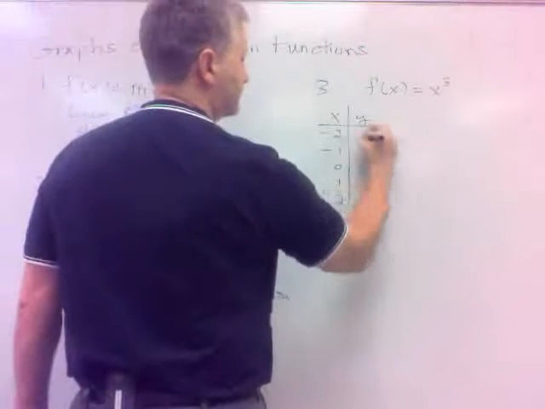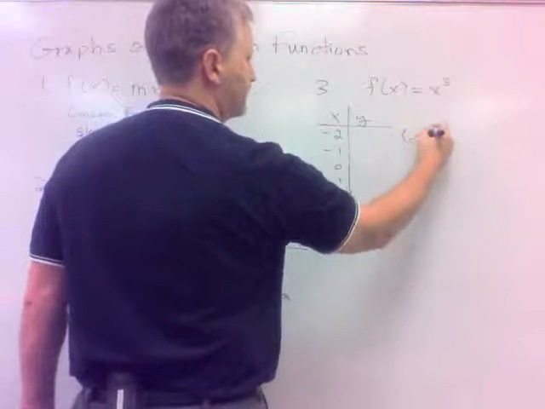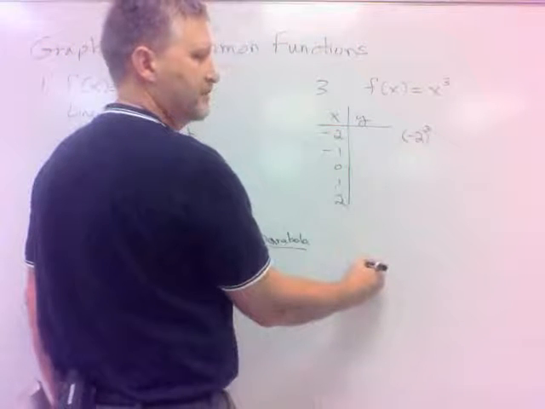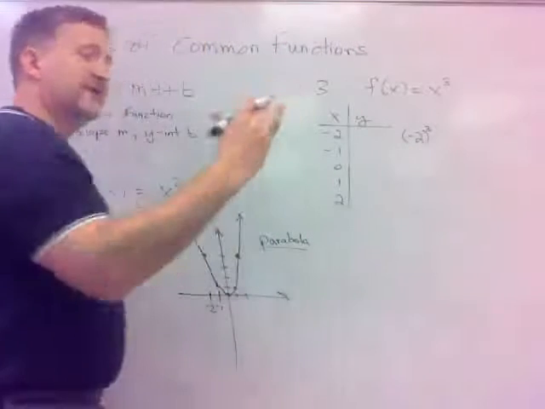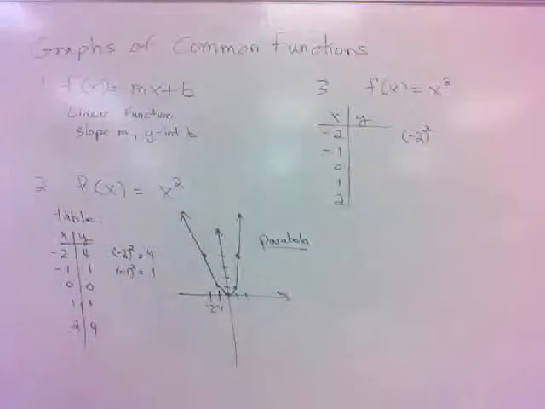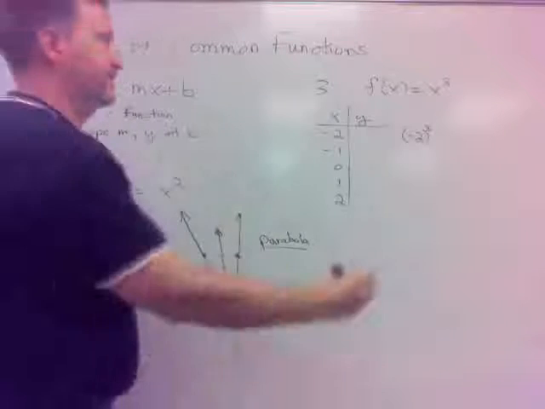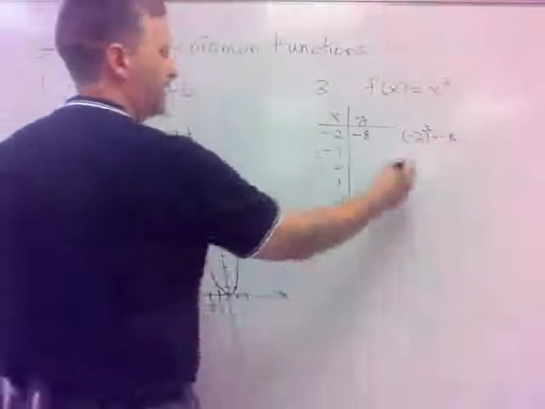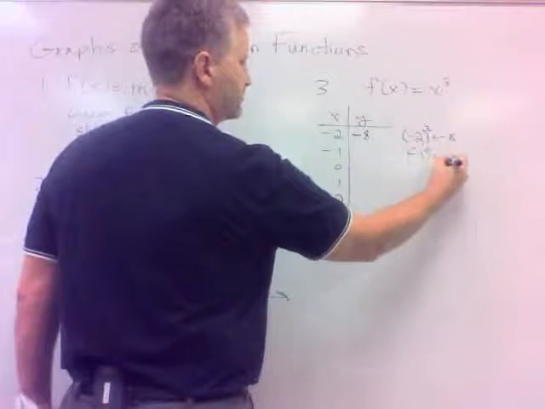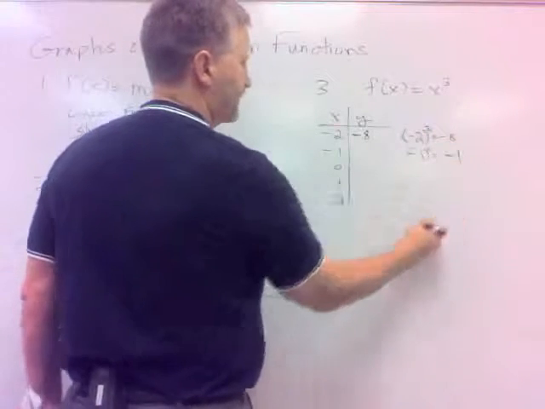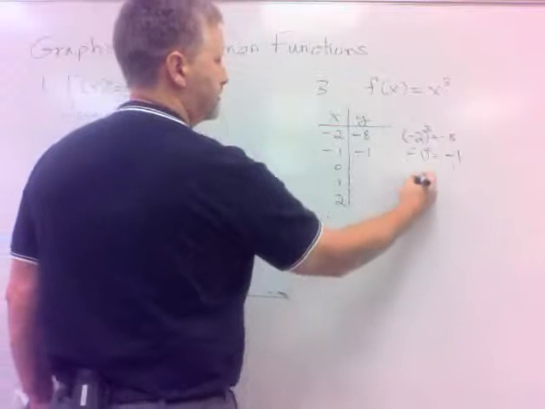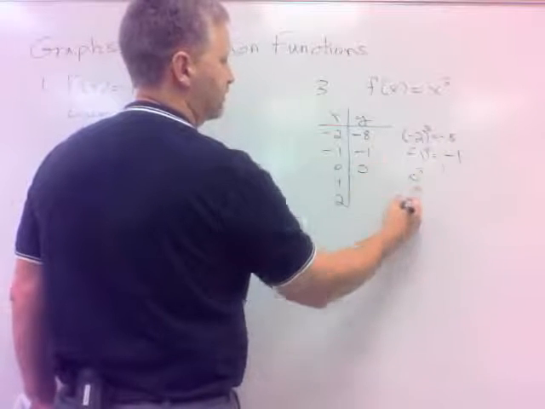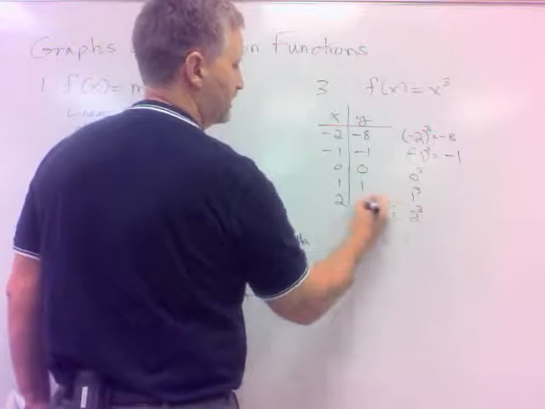Well, the y value would be -2 cubed. What's that going to give you? Negative times negative times negative, -8. -1 cubed gives me -1. 0 cubed is 0. 1 cubed is 1. 2 cubed is 8.